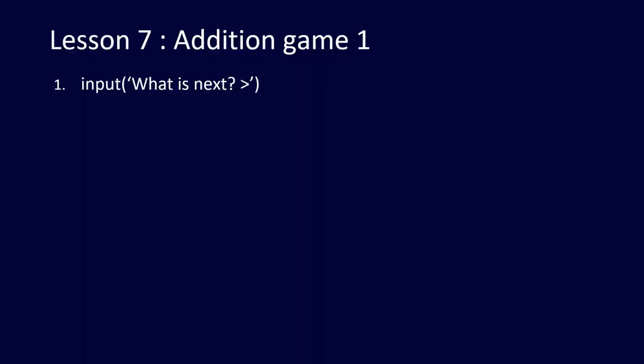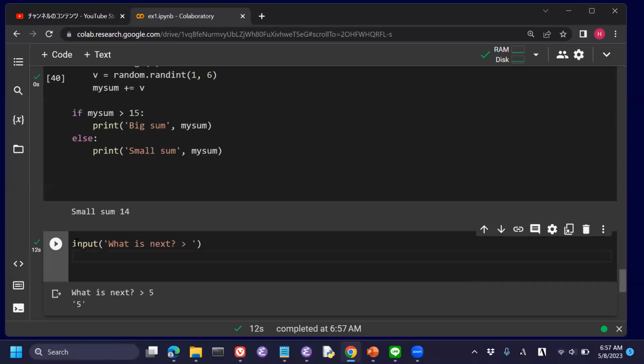Let's check the data type. If you assign the inputted value into imp, you can get it. And then in the next statement, check the type by print type imp. So it will print the type of imp.